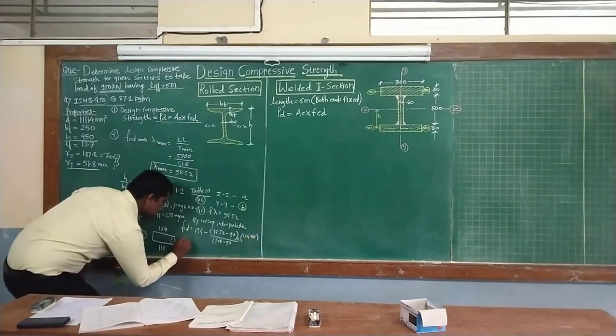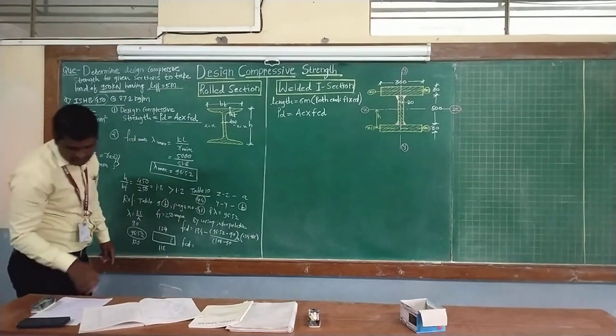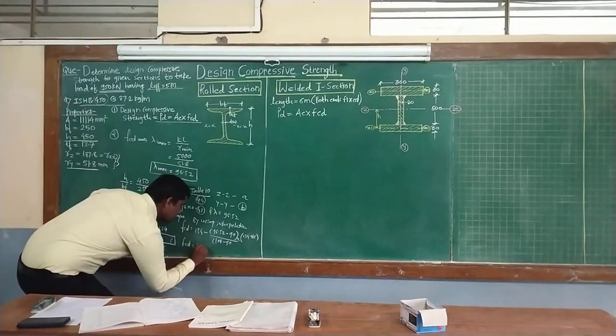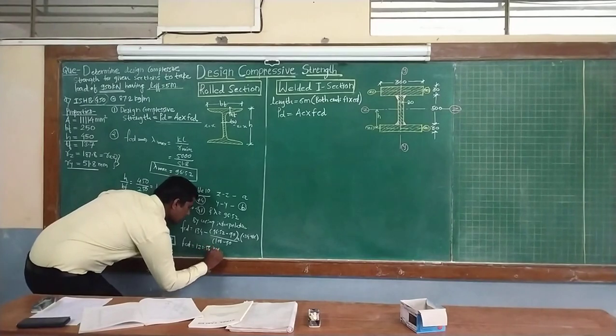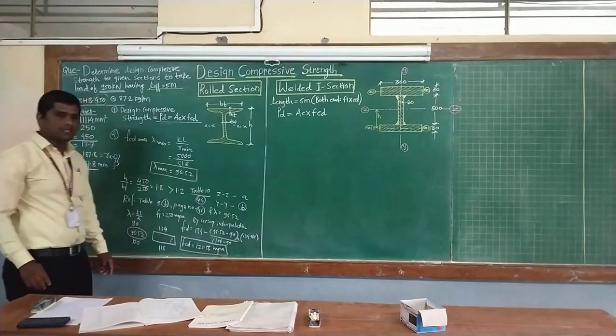We are going to make this calculation. FCD is equal to, so the answer will be 123.56 MPa. So this is our design compressive stress.